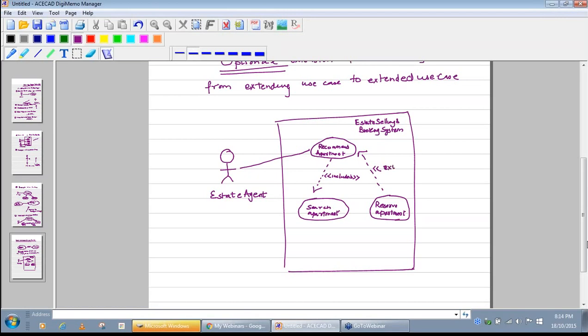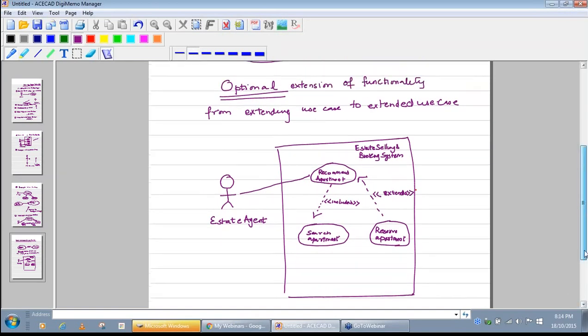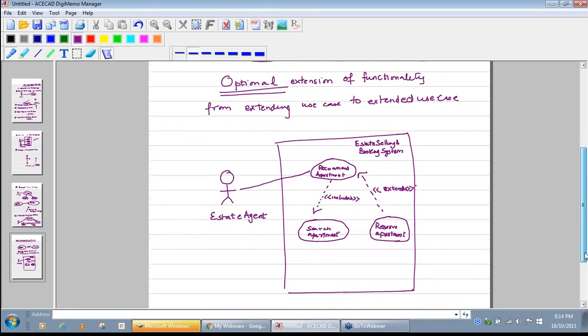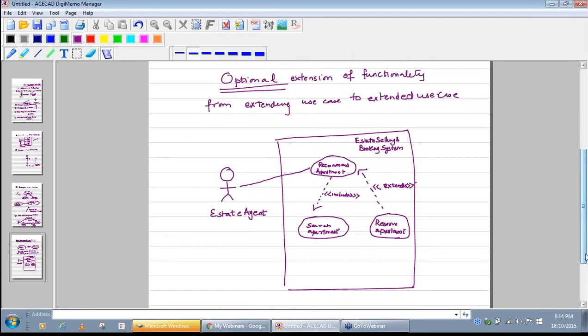So this is the example of the extend relationship between use cases. To repeat once again, extend relationship is basically optional extension of functionality of the extending use case to the extended use case. The arrow points from the extending use case towards the extended use case.